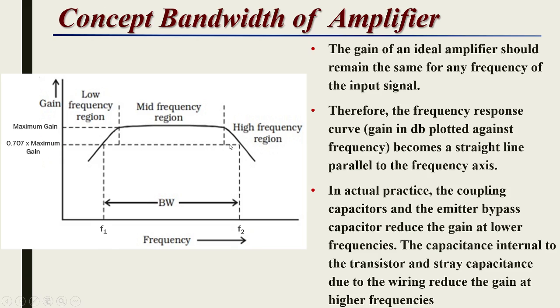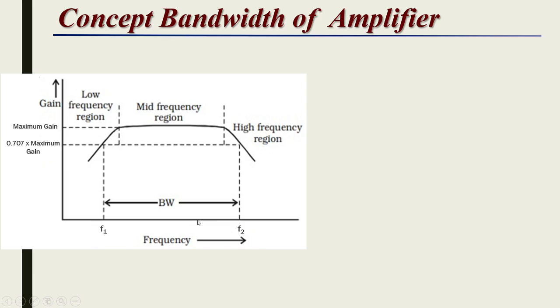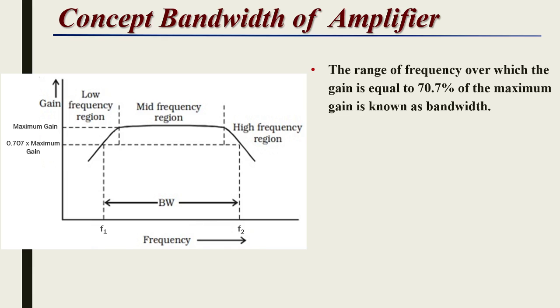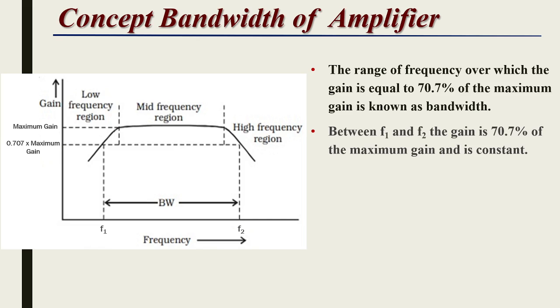At these points we can find the range of frequencies at which the gain is approximately constant, and that region is between the frequencies f1 and f2. So the range of frequencies over which the gain is equal to 70.7% of the maximum gain is known as the bandwidth.